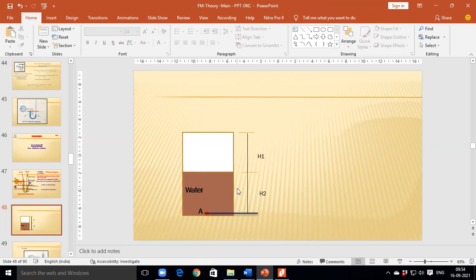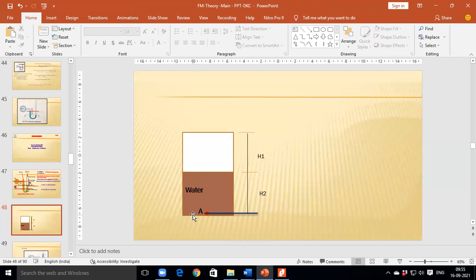What is the height of point A from the surface of water? What will be the height of point A from the surface of water? H2. H2 is the height of this point A from the surface of water.